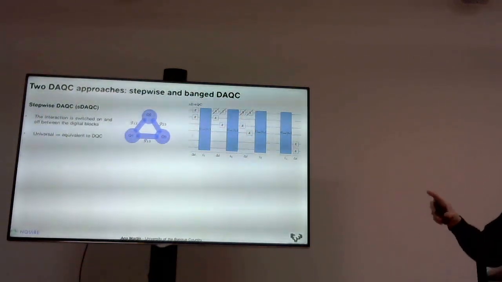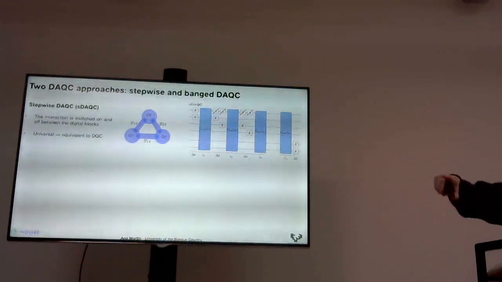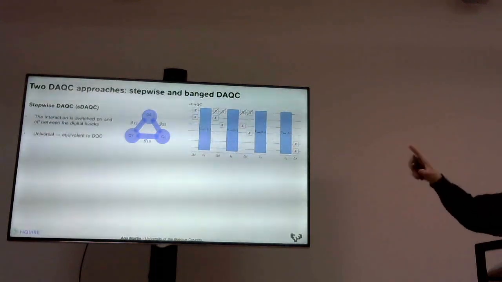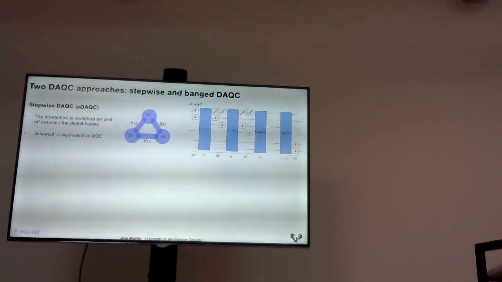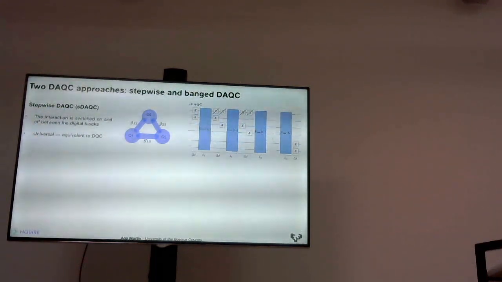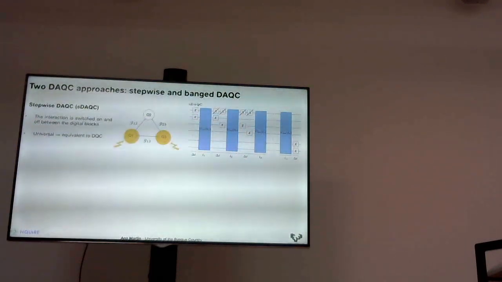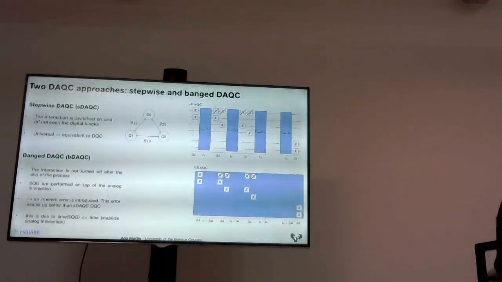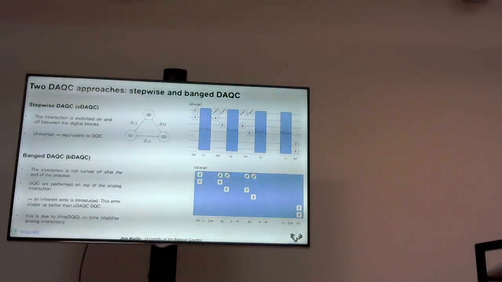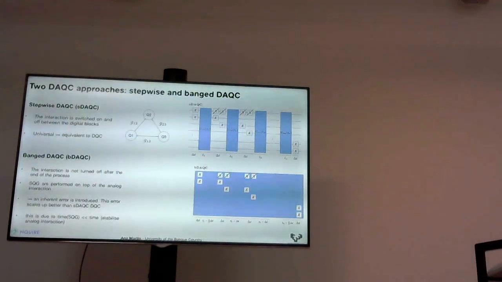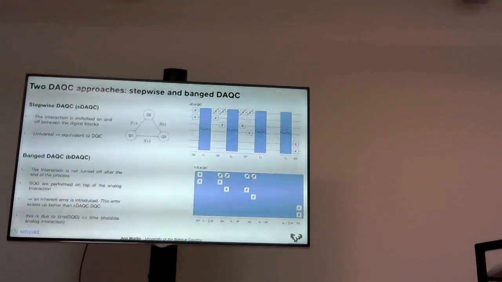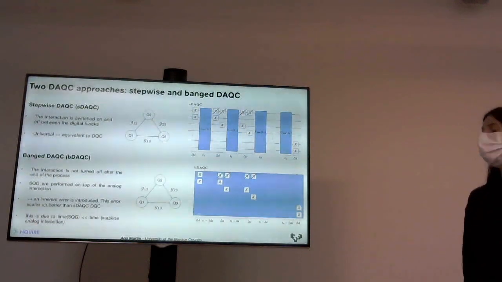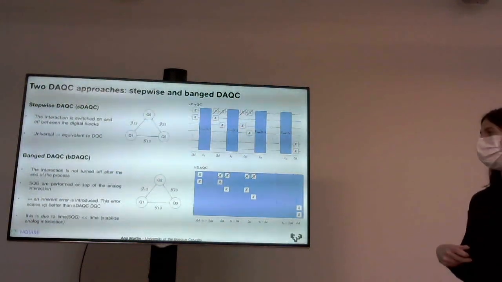But switching on and off the interaction between the qubits can introduce some experimental errors that accumulate during the process. So there is another approach that can be taken when we use digital-analog, which is the banged digital-analog, where we turn on the interaction at the very beginning of the process, and we don't stop this interaction until we are finished.